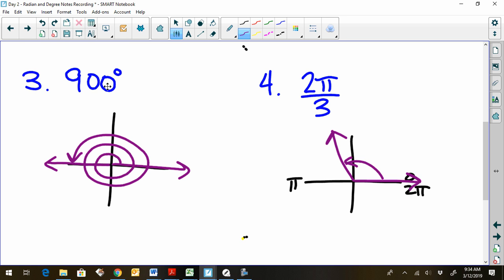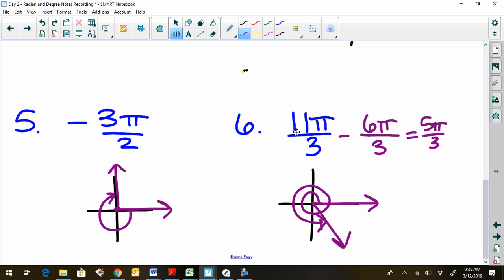So a coterminal angle is where the terminal side of the angle ends at the same position. So 180 is a coterminal angle to 900 degrees because notice how, if you take out all the stuff in the middle, the sides would both be in the same position.